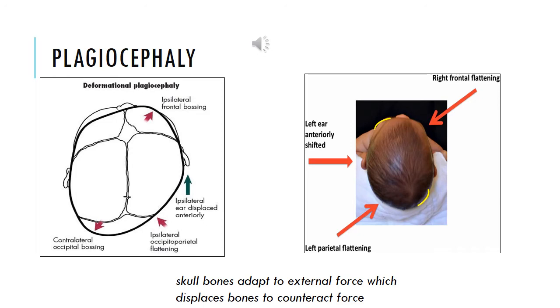That's in contrast to the picture over on the right, where you have the left occipital flattening, and therefore the left ear is shifted anteriorly, and then you can see the bossing up there on the left anterior aspect in the front, and also bossing on the right posterior occipital region as well. Both plagiocephaly, just backwards presentations.